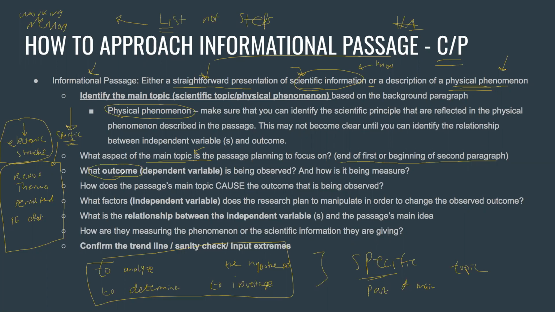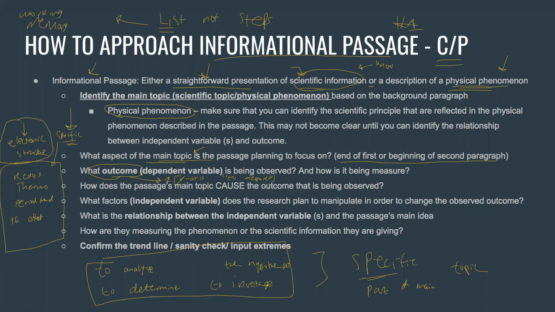I like to find the outcome first because there's only ever one outcome in any experiment, right? You can easily find it in the y-axis of any data they give you. Or a major key is they might literally say to measure as a way to find out what's going on.